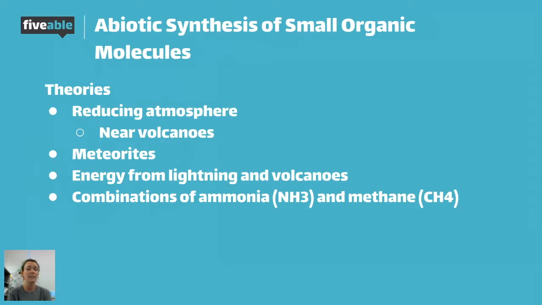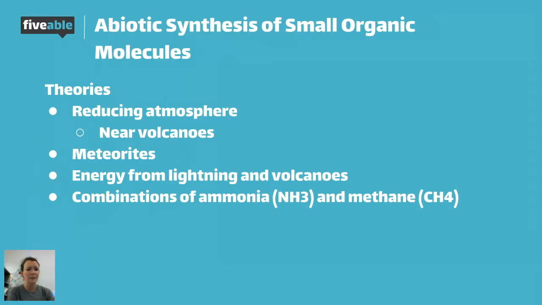A couple of different ideas. Obviously, none of us were there, right? So you have to realize that scientists have spent a really, really long time working to figure out how this is possible with lots of different experiments. And that's where we've gotten to, knowing that the production of these organic molecules is possible given what we know about early Earth's environment, okay?